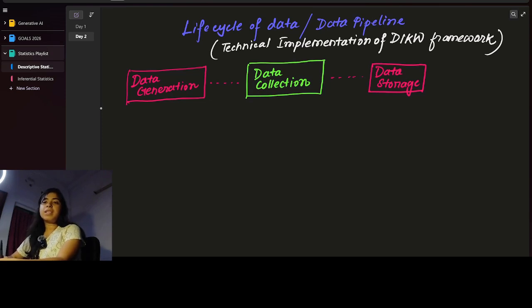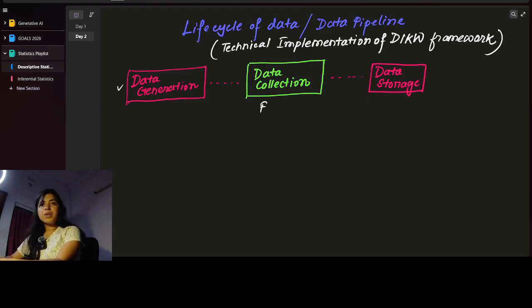In data generation, you already know how data is generated whenever you click on some applications, surf through the internet, watch reels, or text. Every time, data is getting generated. Now how can this data be collected? Data can be collected through inquiries, surveys, and census data.